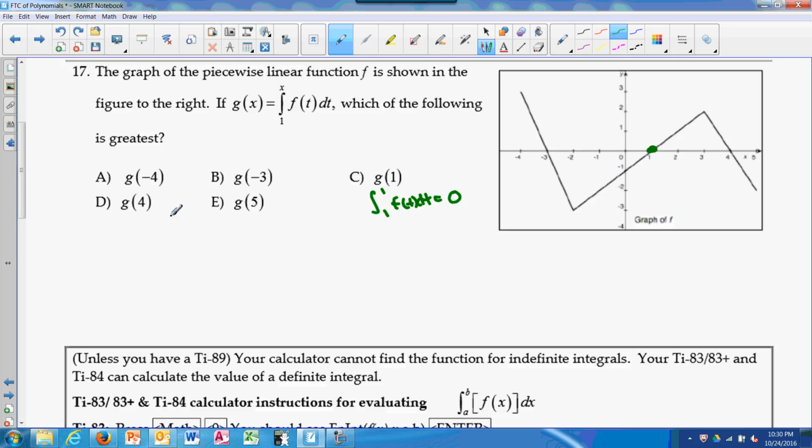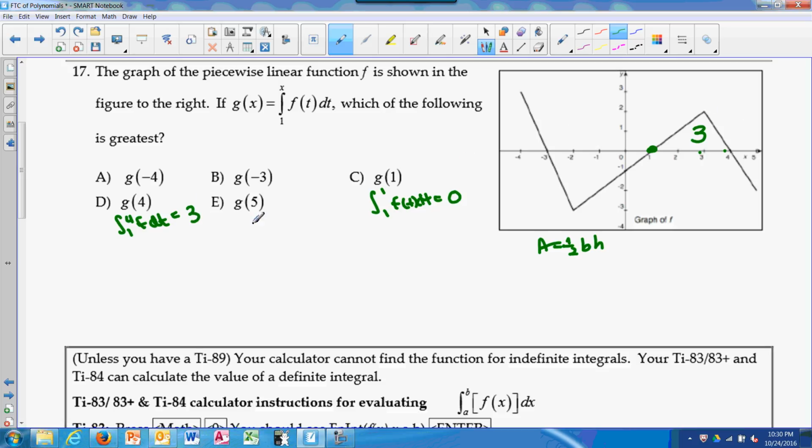If I were going from 1 to 4, that would be finding this area. So the base is 3, the height is 2, the area of a triangle is 1/2 base times height. So 1/2, 3 times 2 is just an area of 3. So the area from 1 to 4 is equal to 3.